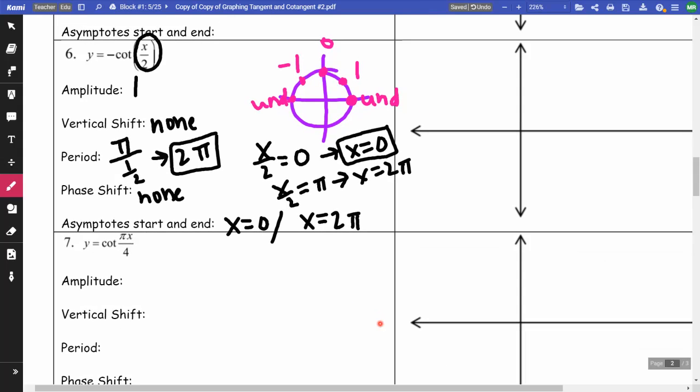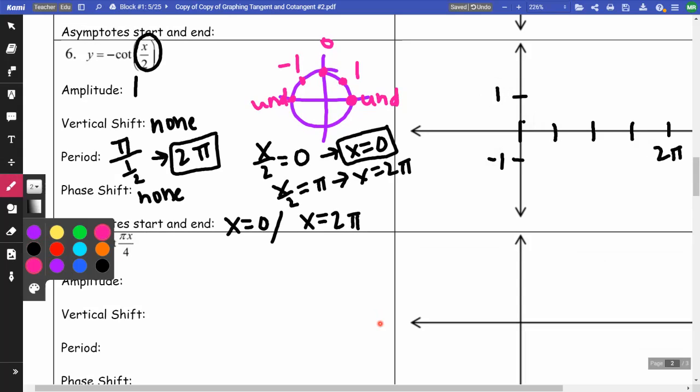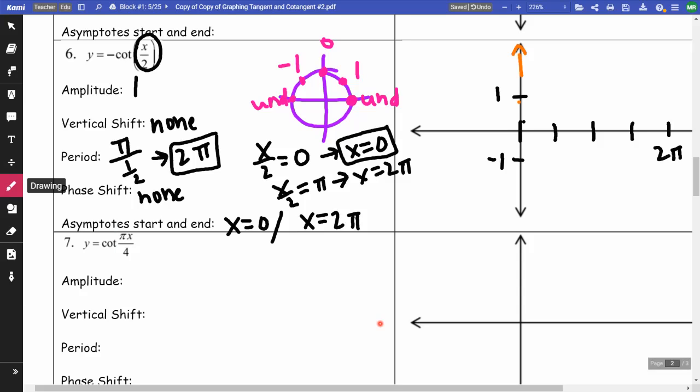So for this one, I'm going from 0 to 2 pi. So 1, 2, 3, 4, 5. And that's my 2 pi. And I'm going to go up to 1. I don't need to put it that high up. Up to 1 and -1. And I have an asymptote here at x equals 0.